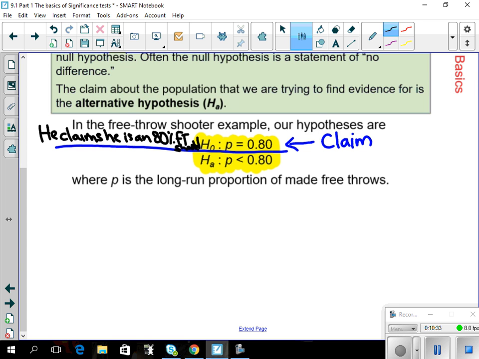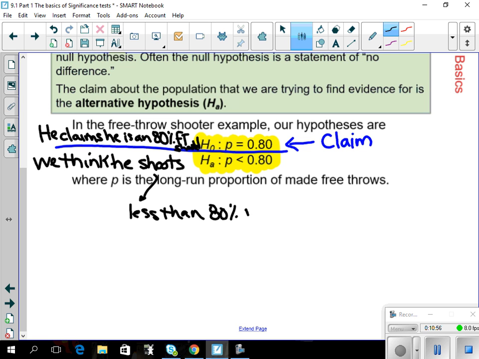If you're testing what's called a one-tailed test in one direction, you have to be specific with your words. This means less than specifically. Okay? We think he shoots less than 80% of free throws. Good so far? Okay.